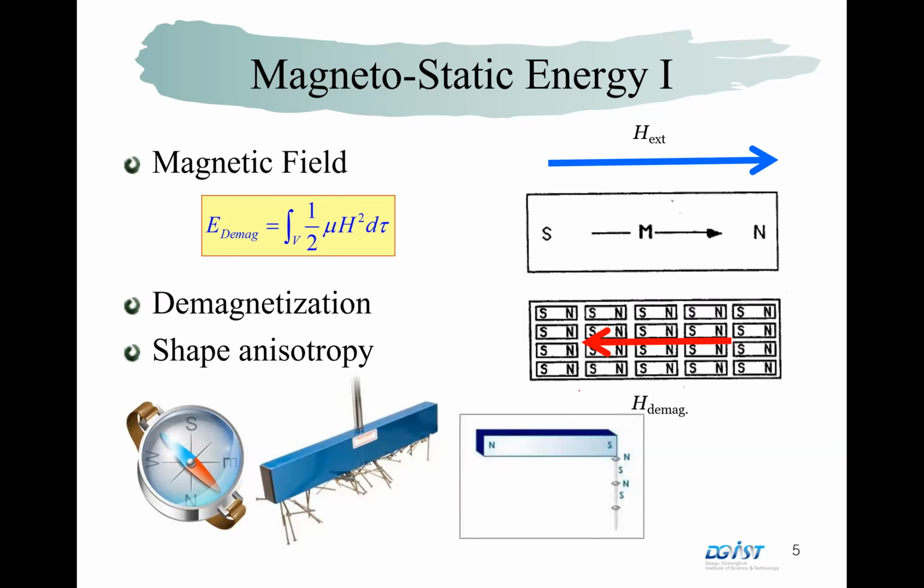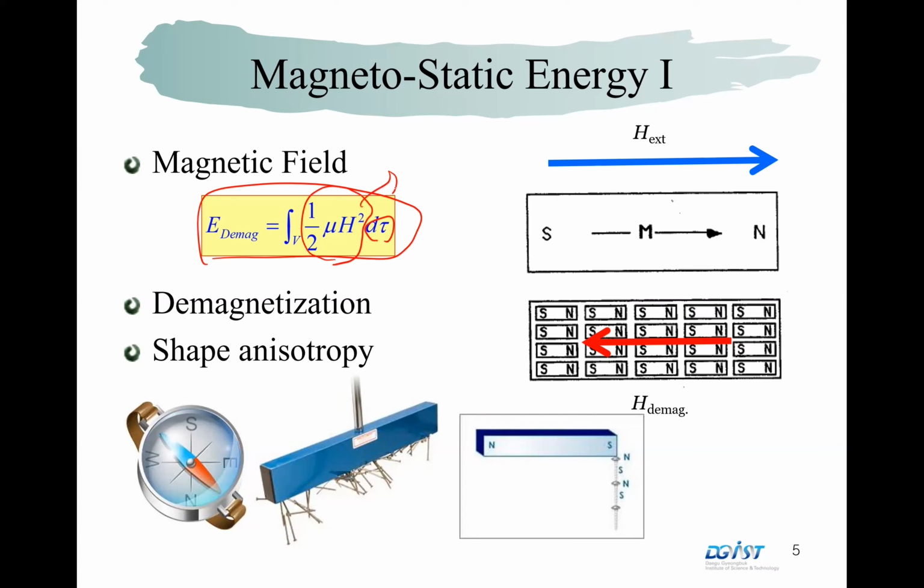Okay, so let's assume, I hope you all learned that if you have a magnetic field in a space, we have a magnetostatic energy defined by this equation. This is the energy density, and this is the volume integral.